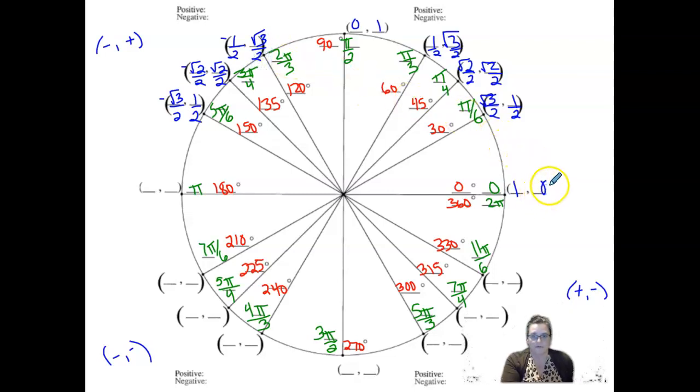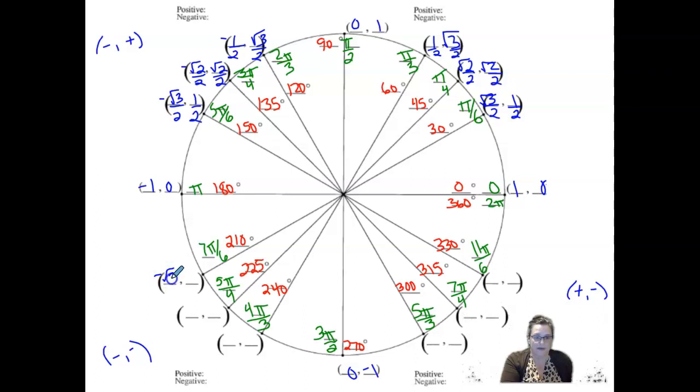Okay, then when I reflect my 1, 0 ordered pair over the y-axis, I'm at negative 1, 0, because my x becomes negative. Similarly, when I reflect my 0, 1 over the x-axis, my y value becomes negative. So as I take each of these points and reflect them into the third quadrant, both the x and the y are negative now.